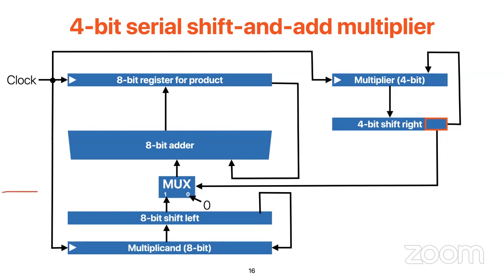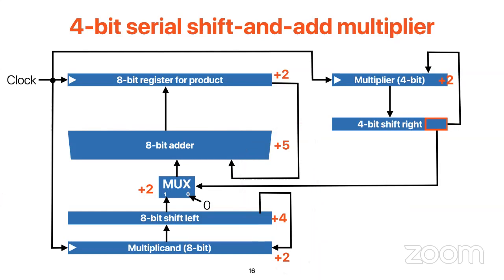If we count the number of delays, the 8-bit adder is basically 5 gate delays, the shift left is 4 gate delays, the mux we learned before is about 2 gate delays, accessing a register is about 2 gate delays with the optimized register organization, and writing the result into the register of the product, and the multiplier is about 2 gates. So the total delay to generate 1 bit of the result, or one partial sum, is not too bad.